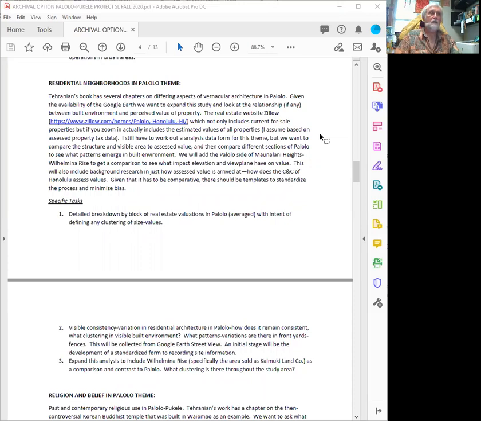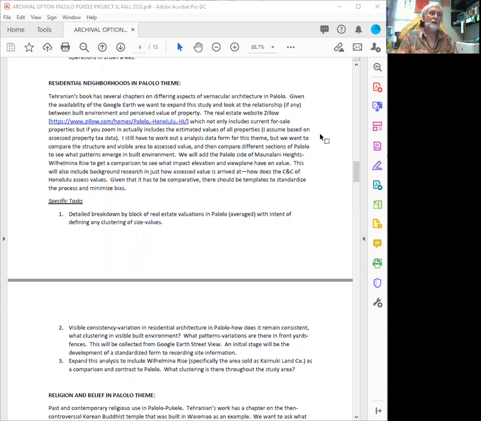This has the huge advantage that rather than having to walk through all of Palolo in maybe 91 degrees in the sun, you can do this from the comfort of your apartment or wherever, looking at a digital screen. It also means you're not stuck with people wondering what you're up to, being nosy, but in Google Earth. So we can actually look at every house in Palolo and in the other areas of Honolulu from the street, in Street View.